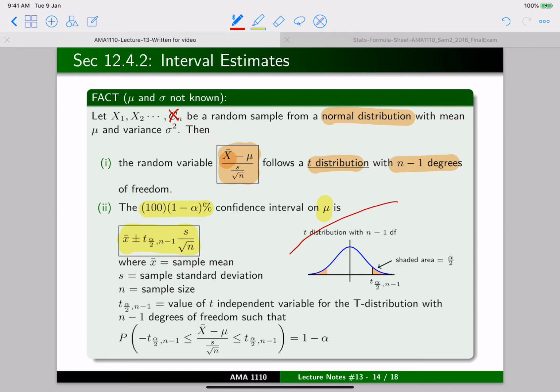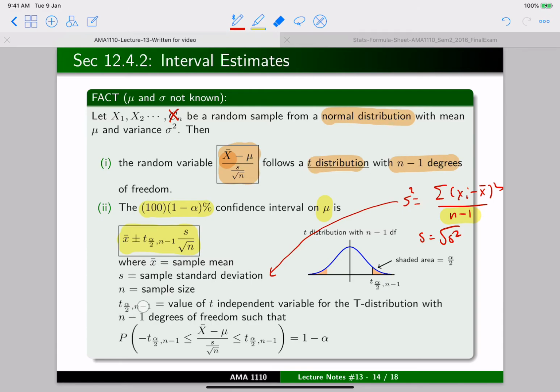Remember, the sample variance is the summation of xi minus x bar squared divided by n minus 1. And of course, the sample standard deviation is just the square root of the sample variance. n is the sample size.